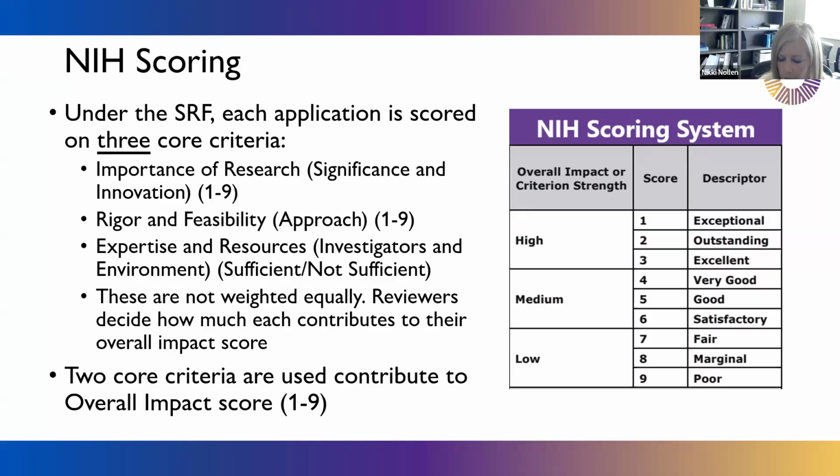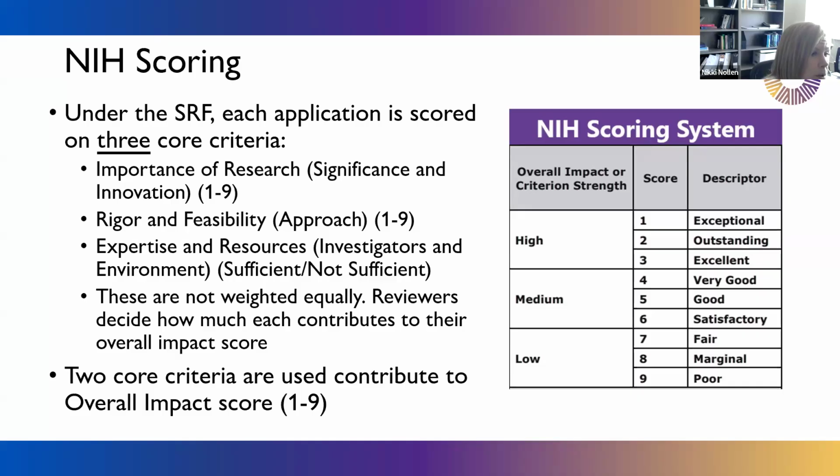It is just that the reviewers mark sufficient or not sufficient from a drop-down box. And if it's not sufficient, they are asked to justify why. But it's important to note that these categories are not weighted equally, and reviewers can decide how much each contributes to their overall impact score.